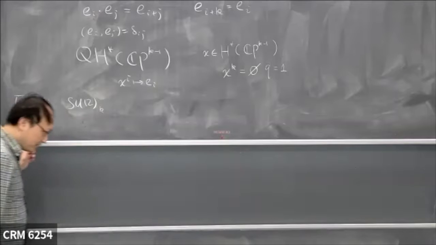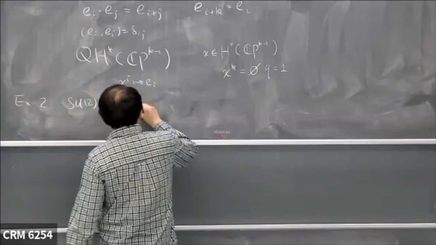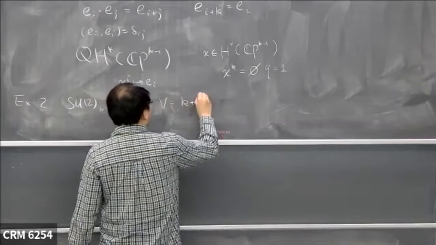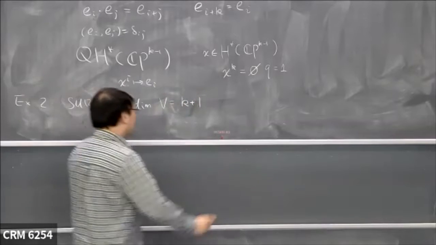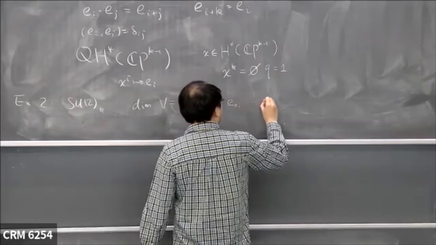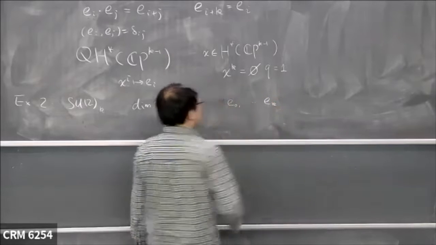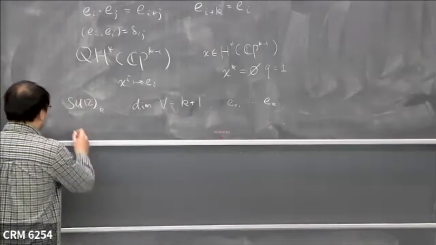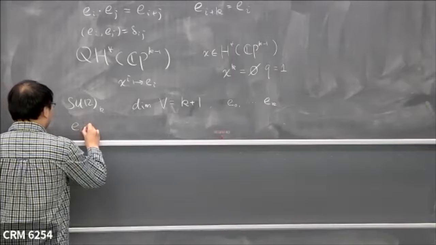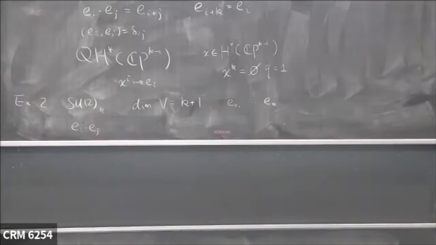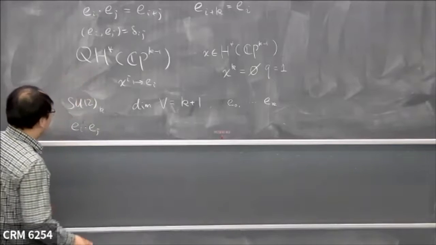So now the dimension of V is going to be K plus 1. And then there's a nice basis, e_0 through e_K. If I take e_i times e_j, I'm not going to have, in general, a single e_k somewhere.